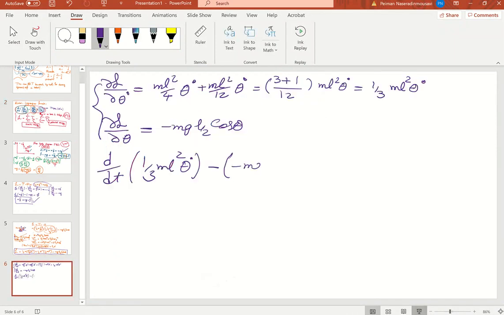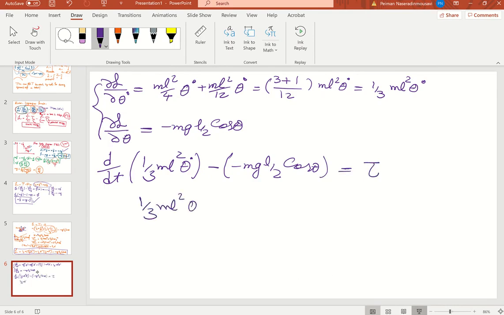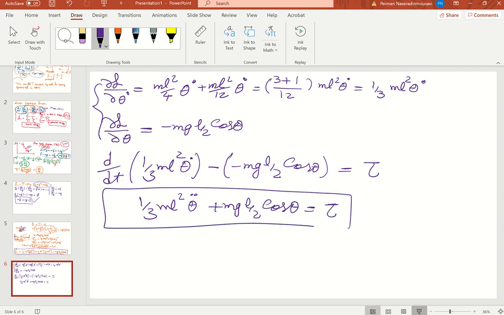Minus mgL over 2 cosine theta is equal to tau. Obviously this is 1 over 3 ml square theta double dot plus mgL over 2 cosine theta is equal to tau. Right?